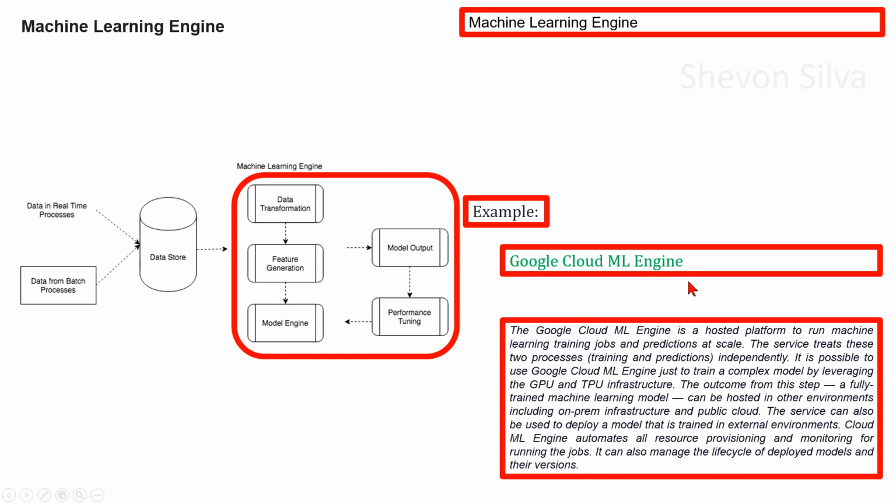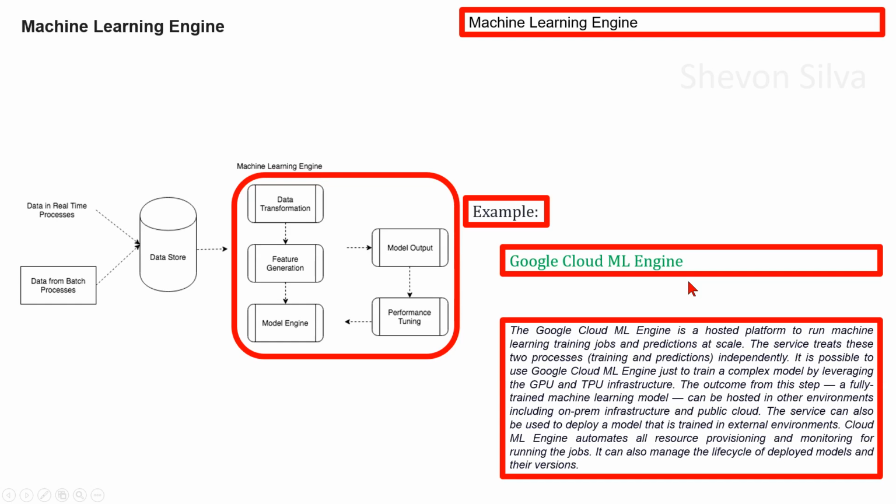ML engine. The Google Cloud ML engine is a hosted platform to run machine learning training jobs and predictions at scale. The service treats these two processes, training and predictions, independently.